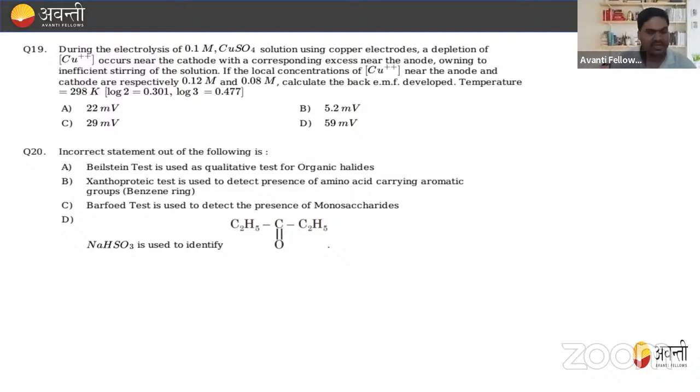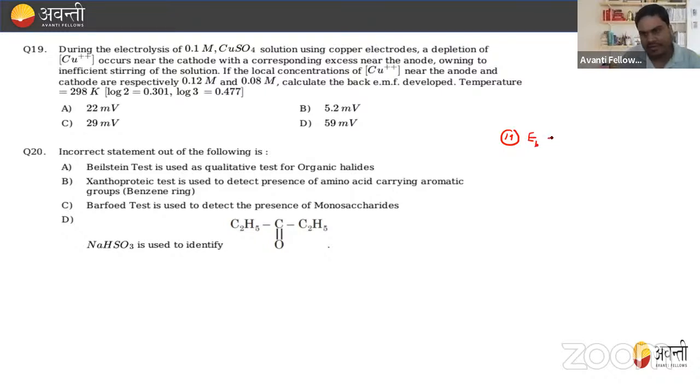So we know how to calculate the back EMF by using the Nernst equation. How will you calculate this? Basically, for this question number 19, if you want to calculate the back EMF, what is the formula that we use?